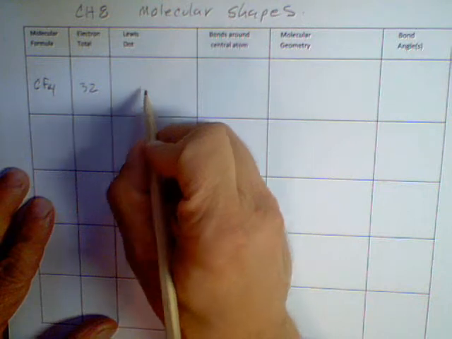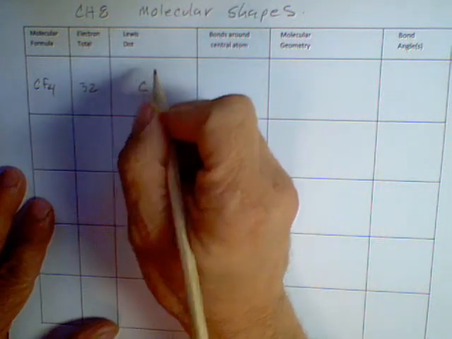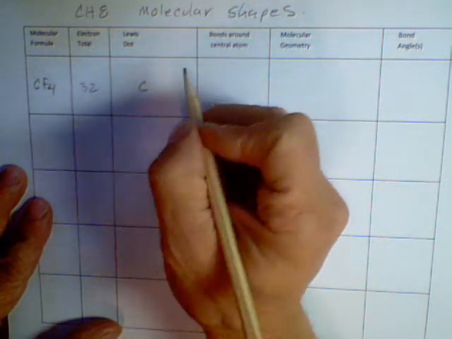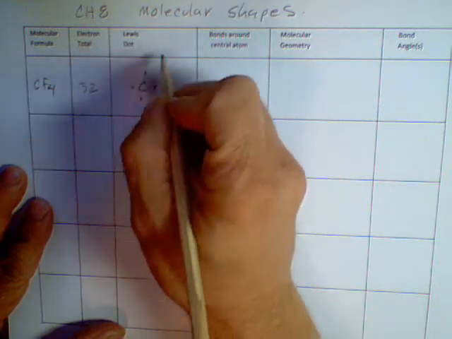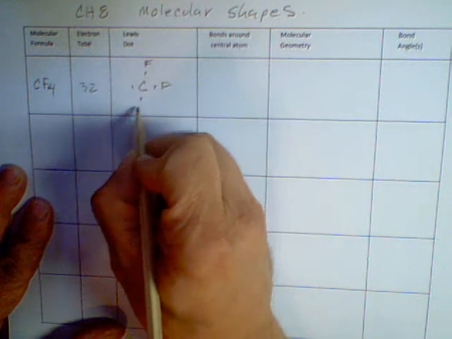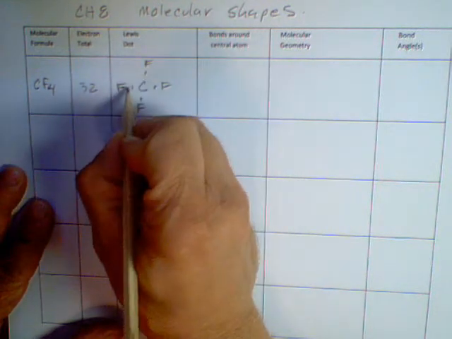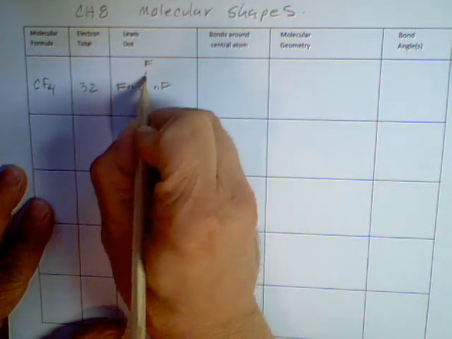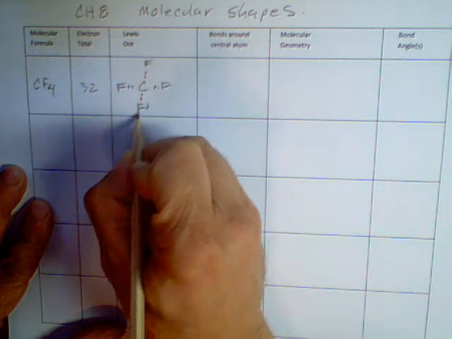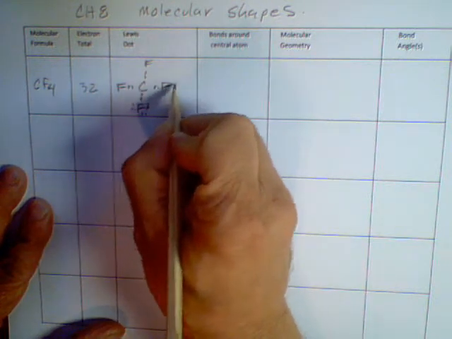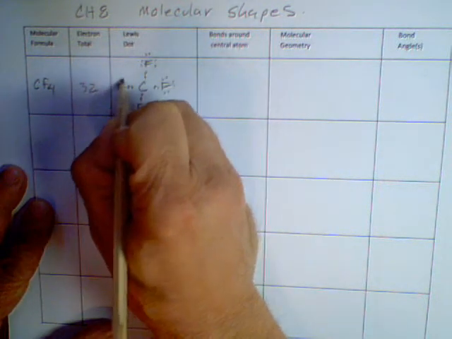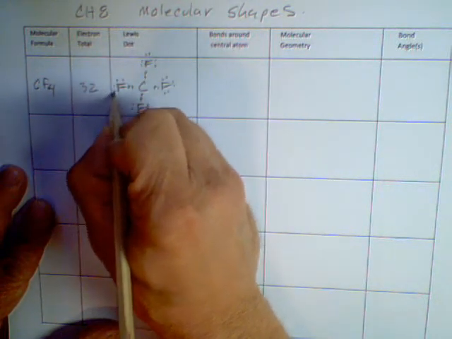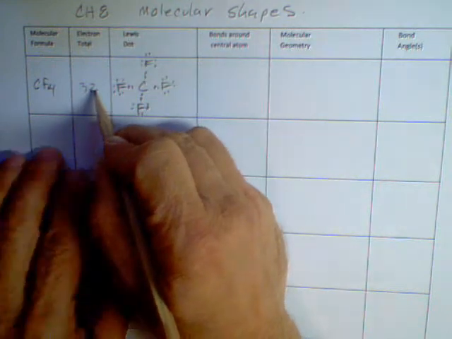So if we put our Lewis dot together, we're going to have C, and the fluorine is going to share, but that's filled as well because it wants to be satisfied. So these are filled as well, and if we counted all of these electrons up, what we would find is that we have a total of 32.